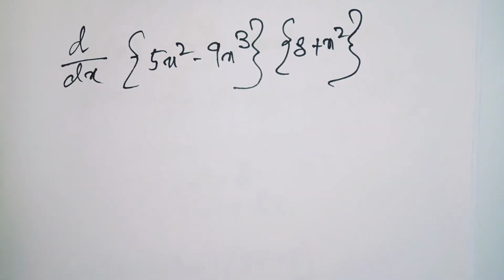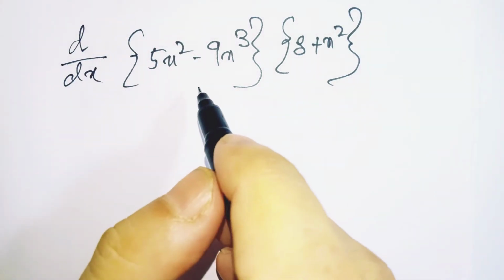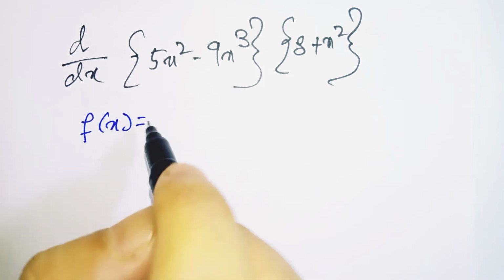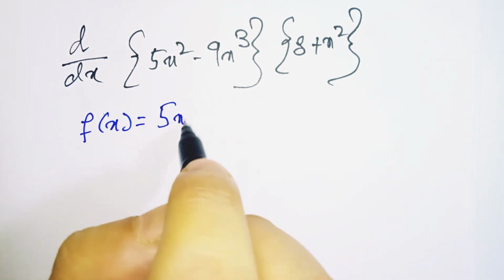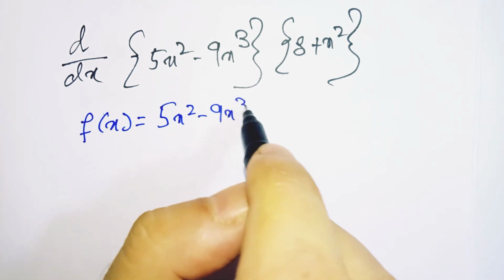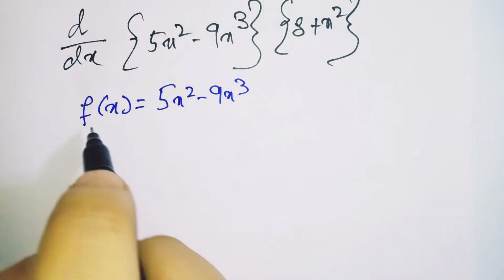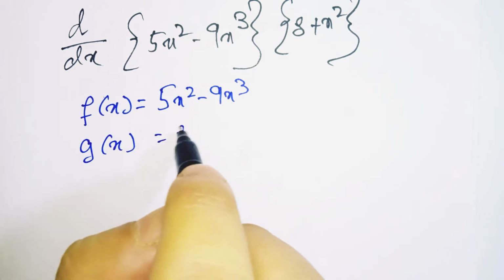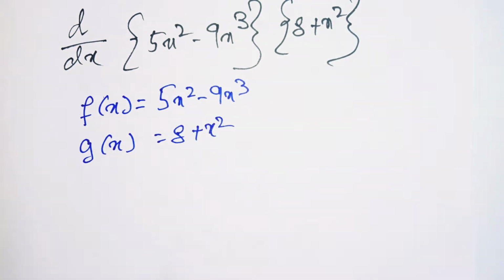What we will do is write it as usual, term by term. We take f of x as 5x^2 minus 9x^3, and we write g of x as 8 plus x^2.